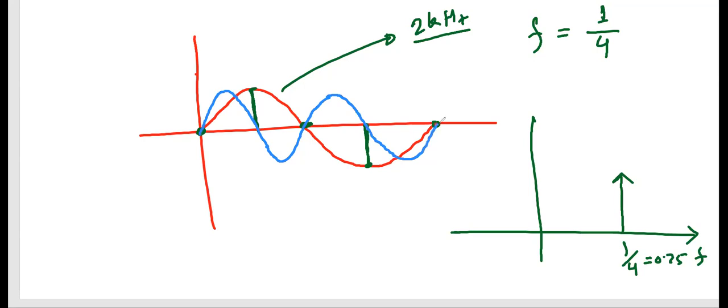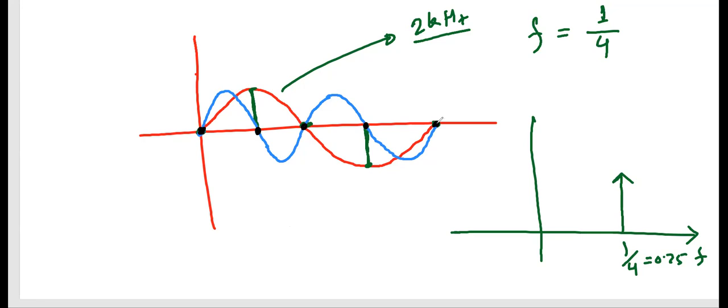I believe I have done the correct things. And now, where are the samples? Samples remain at the same points. They will hold the same points. This point, this point, this point, because you have not changed the sampling frequency.